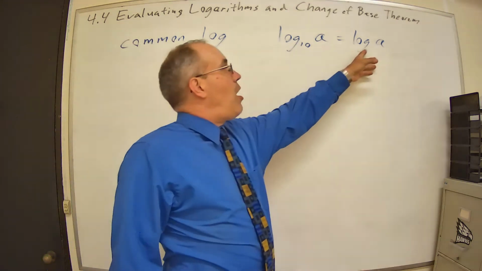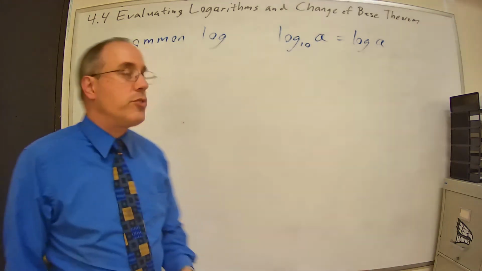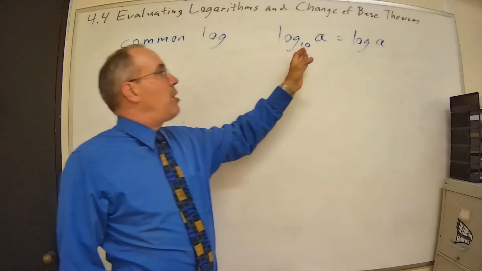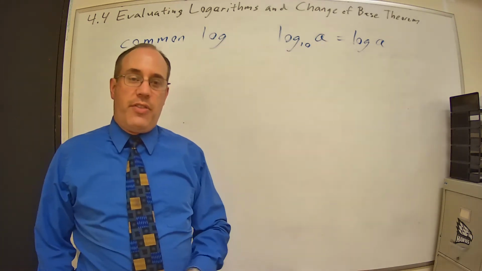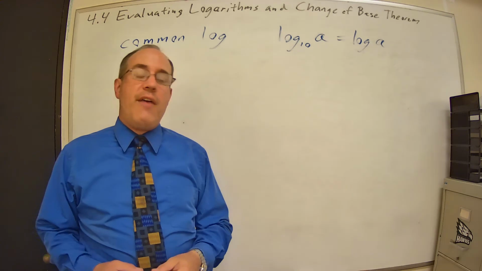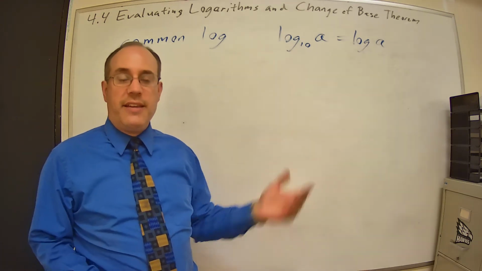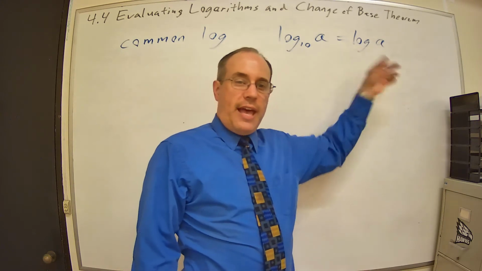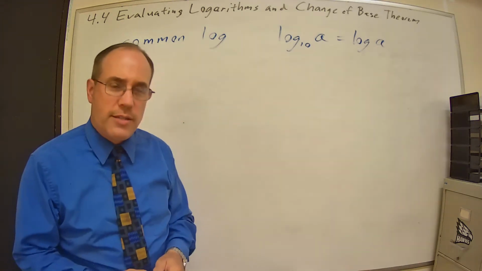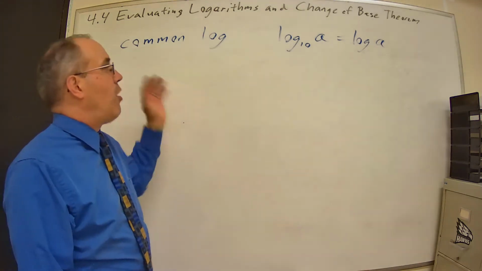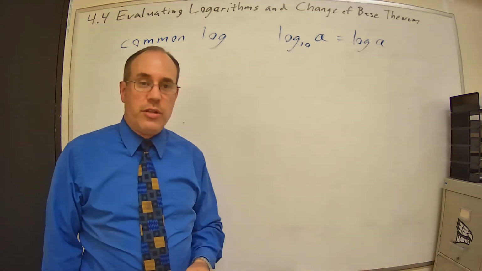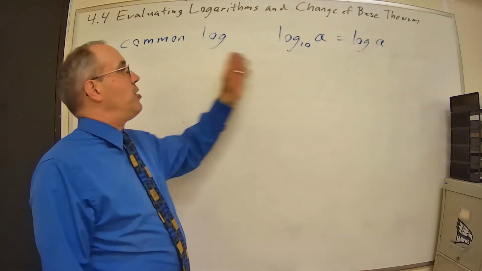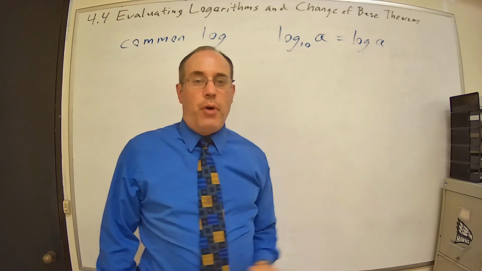So when you see log without a subscript, it's referring to the common log, which is log base 10 of that thing. And that's very common, and you have a log base 10 key on your calculator, log of x. It either says log x or log with a little square on it, whatever the case may be. And all scientific calculators have this common log button on it.